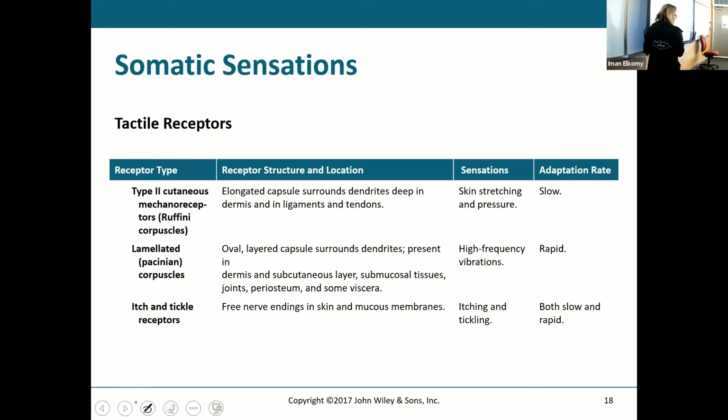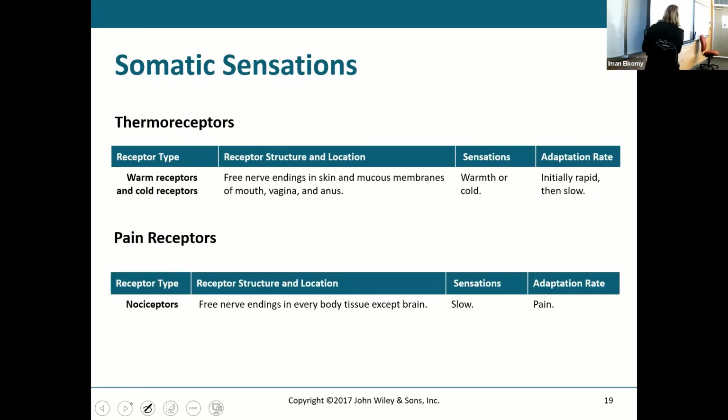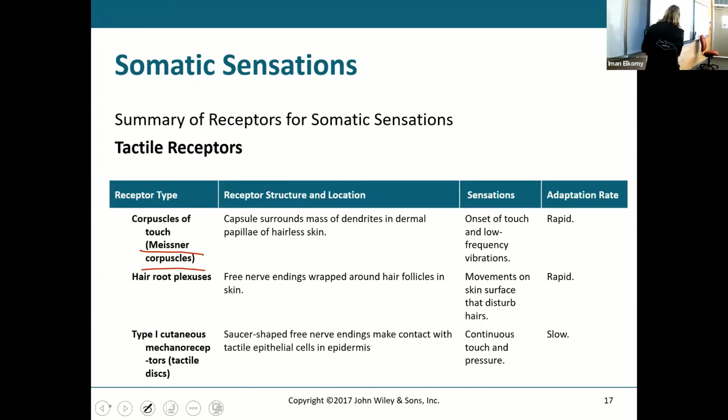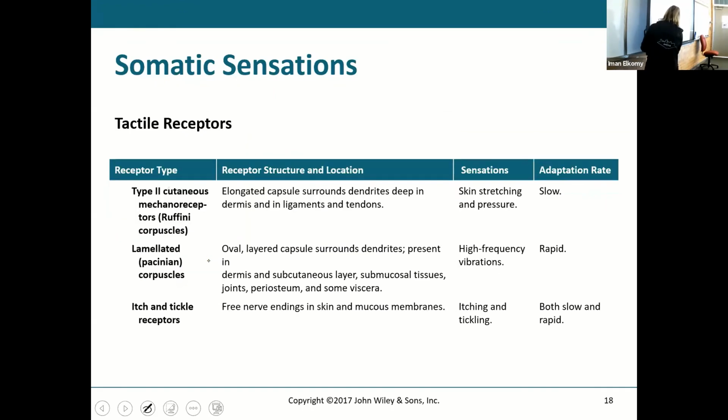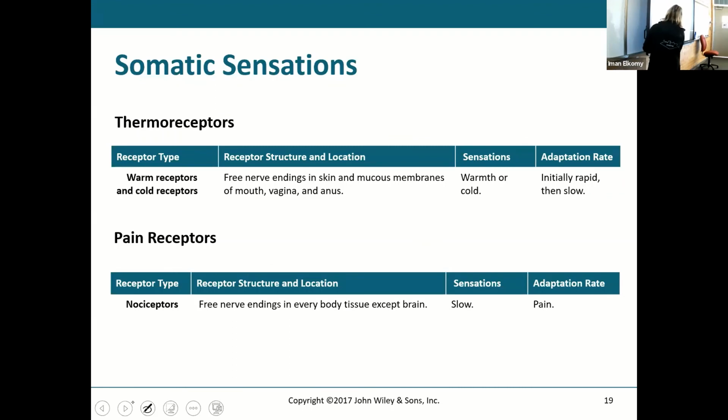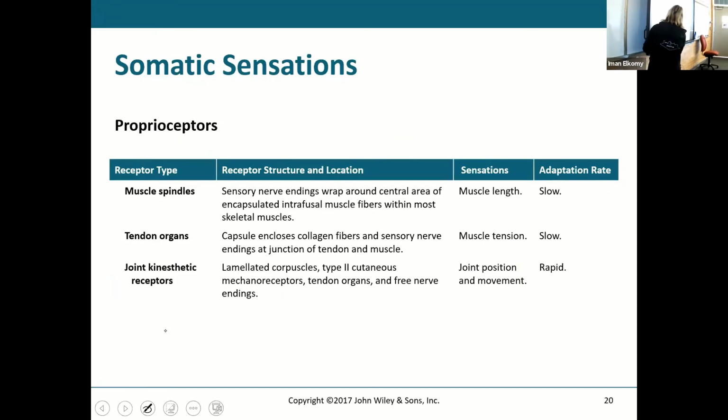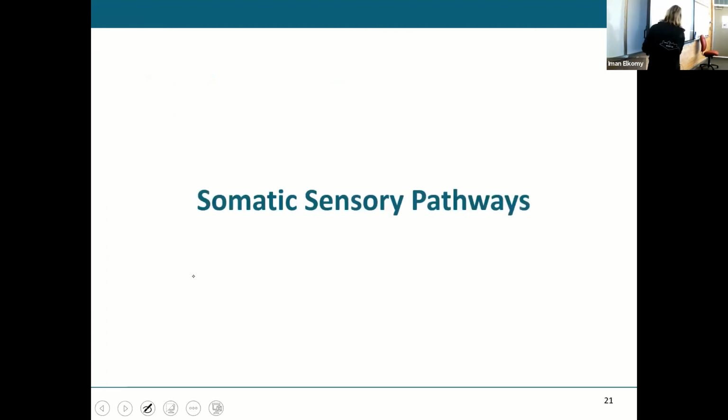We've already talked about the ones that you do need to know, but you can read through those if you want. But really, I would make sure you know Meissner or your corpuscle of touch. Make sure you know your nociceptors for pain. Your muscle spindles will be your muscle length. Your tendon organs will be muscle tension. And then your joint receptors will be your joint position. Okay?